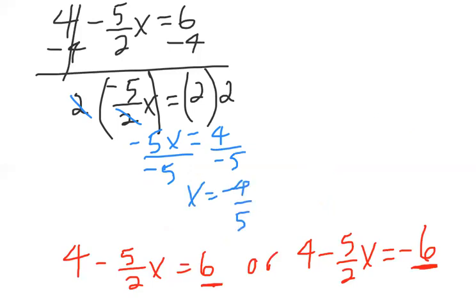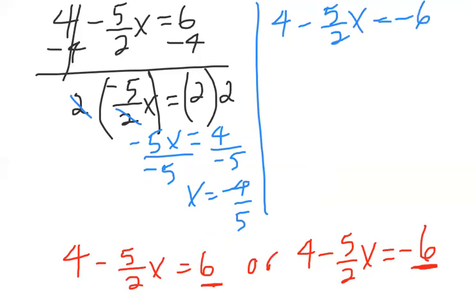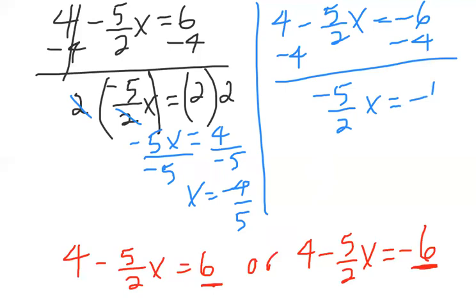Now I'm going to do the other equation, guys. So for the other equation, I've got 4 minus 5 over 2x is equal to a negative 6. I'm going to subtract 4 from both sides. So I get negative 5 over 2x is equal to a negative 10. Now, some of you who are curious about how to do this in one step, here's how you do it.